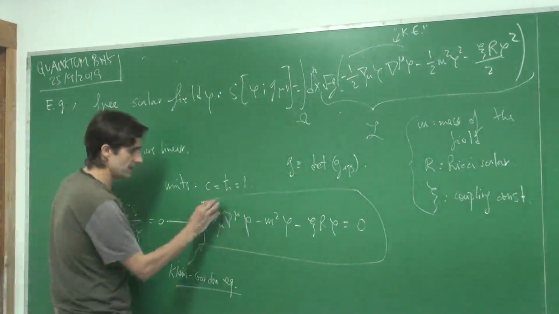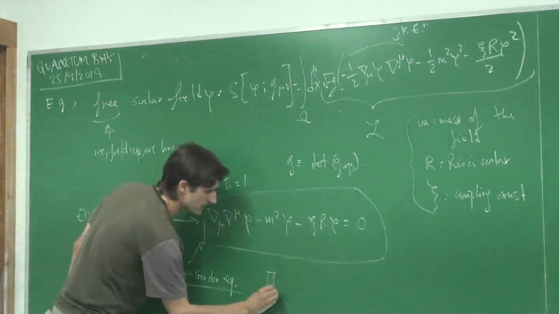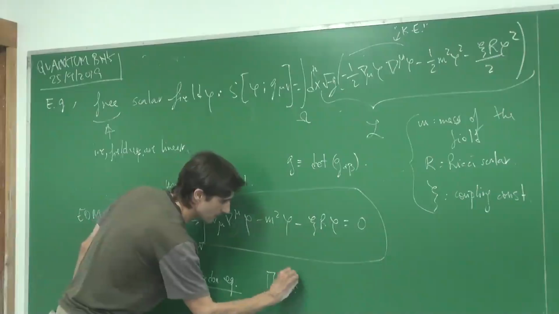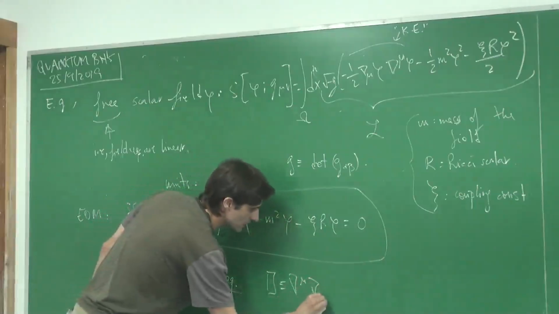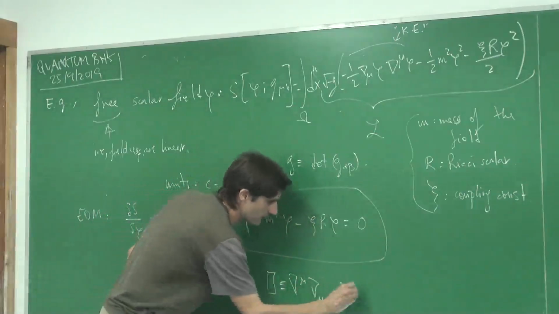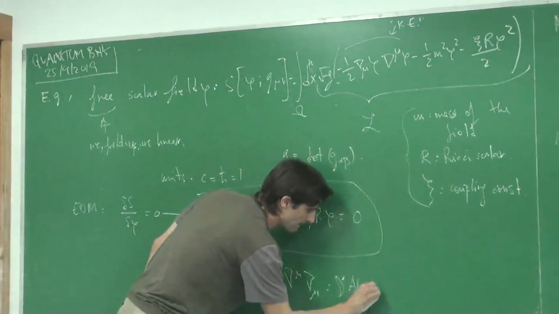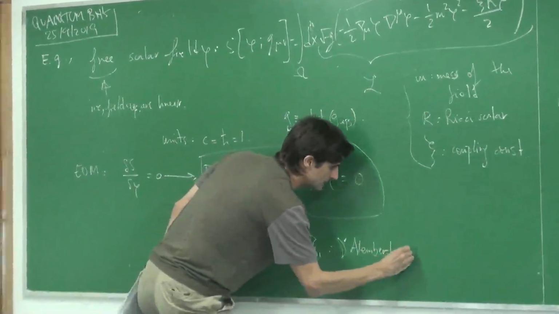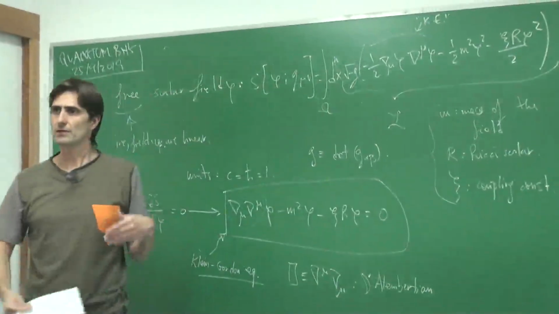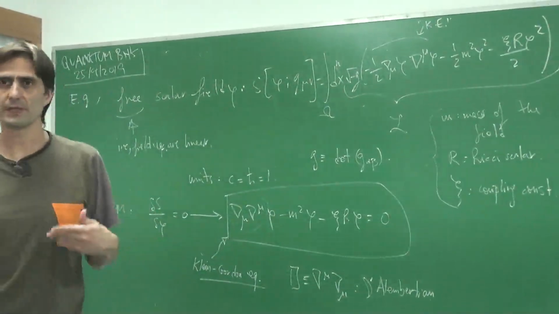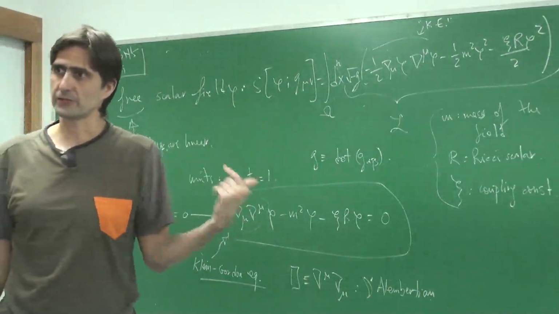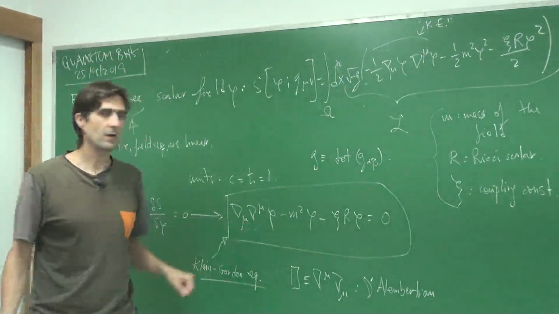This operator is sometimes denoted by box, the d'Alembertian. And obviously it's a covariant derivative, and so the metric comes in here.